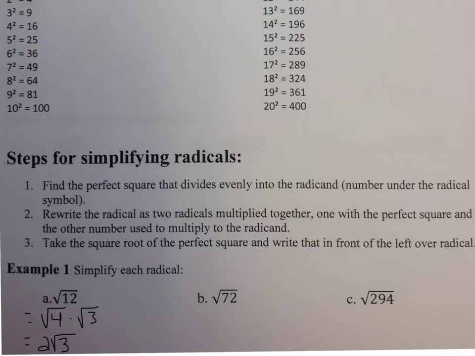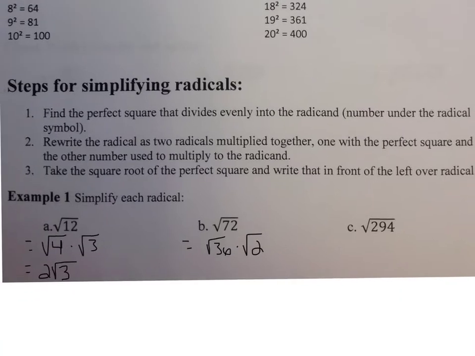Does 36 go into 72? Yes, because we just divided it by 2 and got 36. So 36 times 2 makes 72. So we're going to write the square root of 72 as the square root of 36 times the square root of 2. And the square root of 36 is 6. And we'd write the square root of 2 after it. We cannot take the square root of 2, and the square root of 2 won't break down anymore.